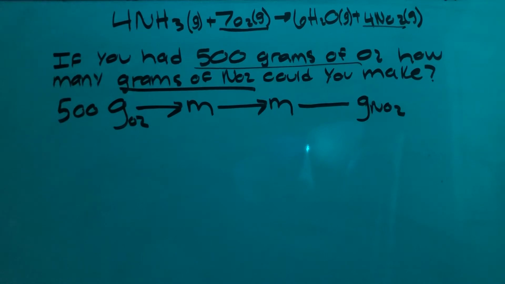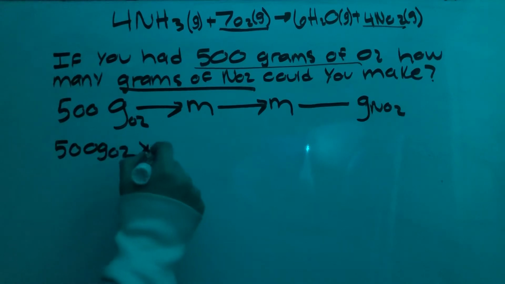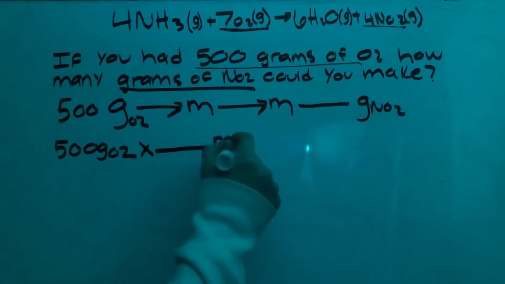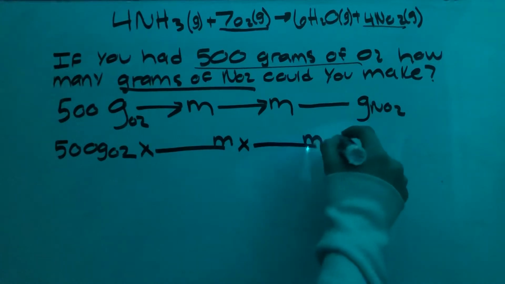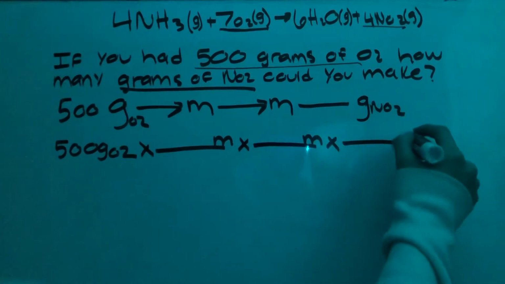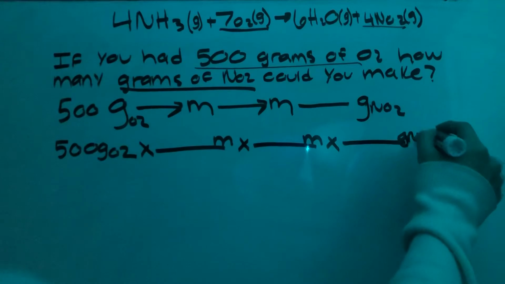Then I'm going to be changing this into an equation form. So again, I'm going to start with 500 grams of O2, and we're going to be multiplying that by our moles, and then multiplying that by our moles, multiplying that by our grams of NO2.